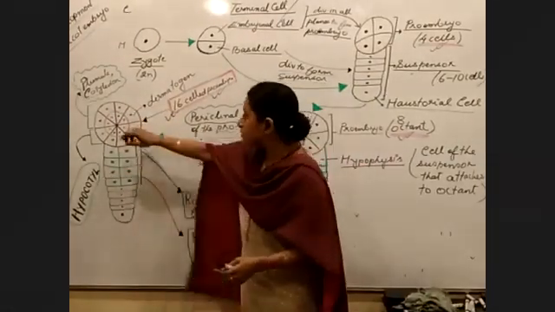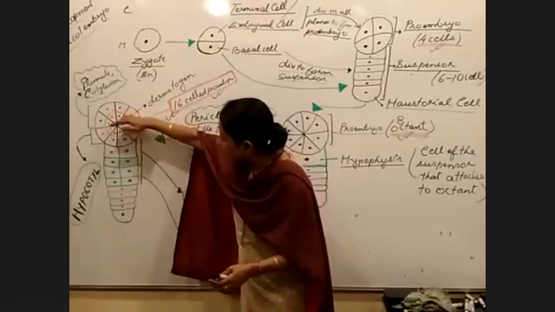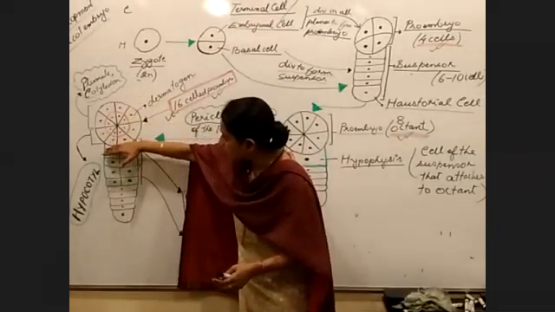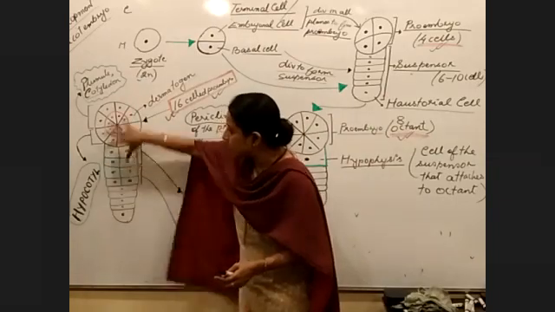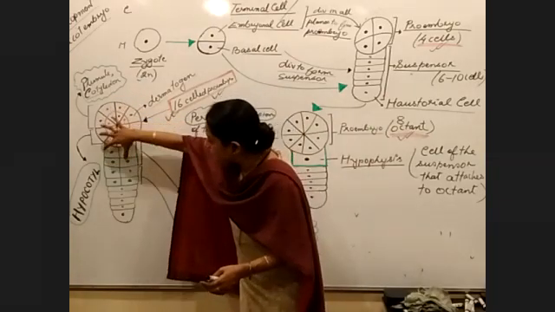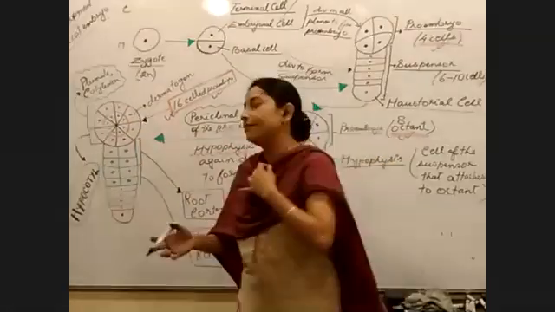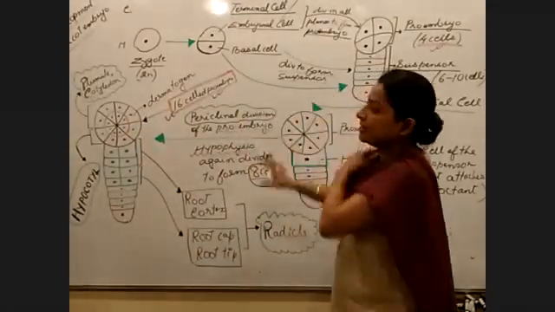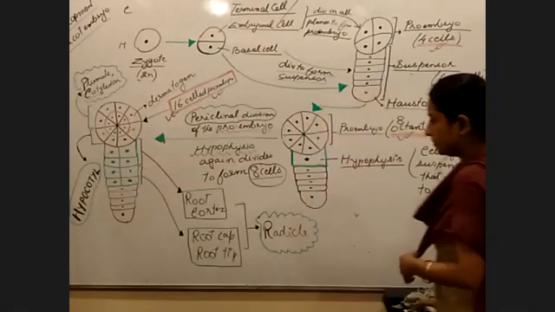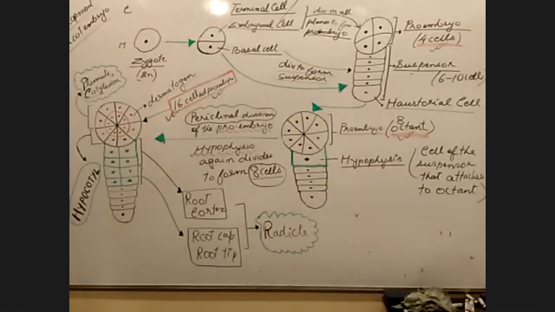If you draw a line, above is the plumule, in the middle is the hypocotyl, and then the radicle. So hypocotyl is that area from which the radicle will develop. What is epicotyl? We'll discuss it a little later. Is the diagram clear? Yes, ma'am.